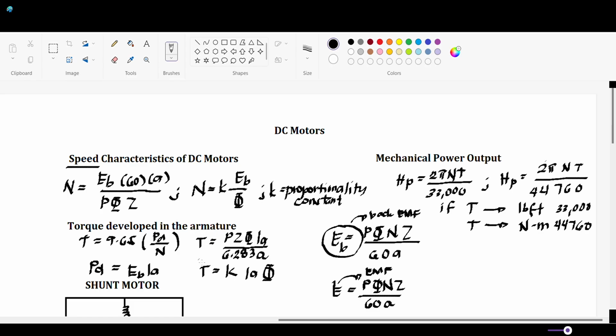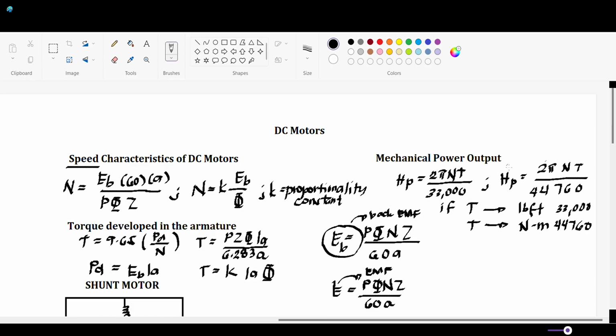And also, we have T is equal to number of poles times number of conductors, flux, and current in the armature divided by 6.283 times A. And we will also have T, or torque, is equal to the proportionality constant times the current in the armature and the flux.